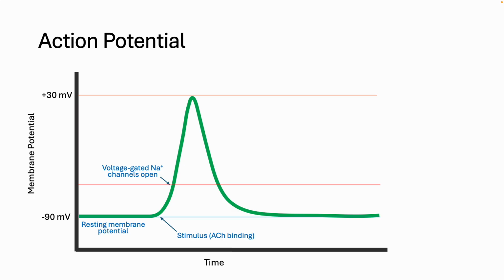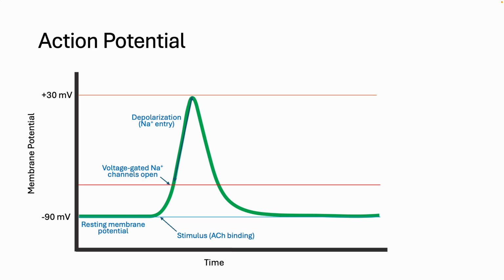Eventually, because sodium is positively charged, it becomes positive and it reaches a point where now you have other sodium channels that are voltage gated, so they're paying attention to the charge on the membrane. They meet a certain level of threshold that causes the voltage gated sodium channels to open.